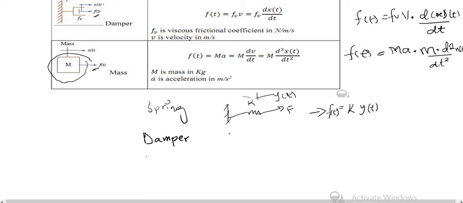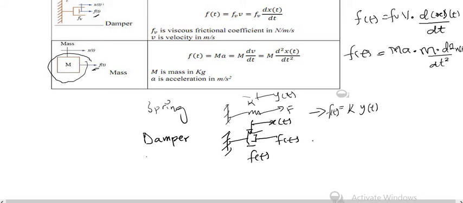Now for the damper, we have f of t, while this is f of v, the viscous frictional coefficient, in the direction of x of t.